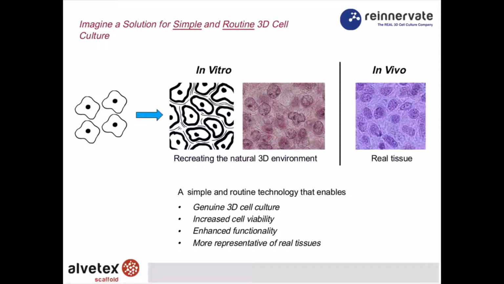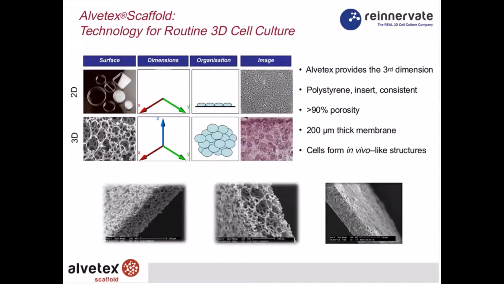So we have evidence of genuine 3D cell culture, increased cell viability and enhanced functionality, and as I say, this technology can create situations which are more representative of real tissues. So let's introduce this technology. It's called Alvetex Scaffold, and it is a polystyrene scaffold.